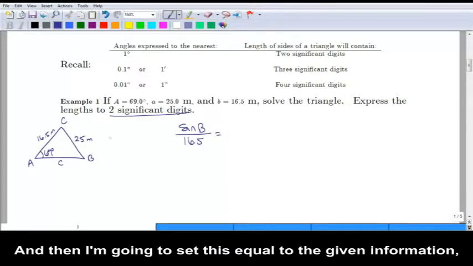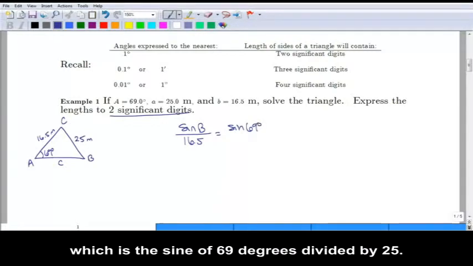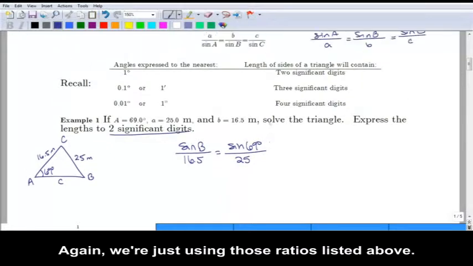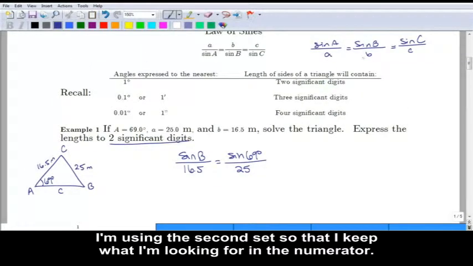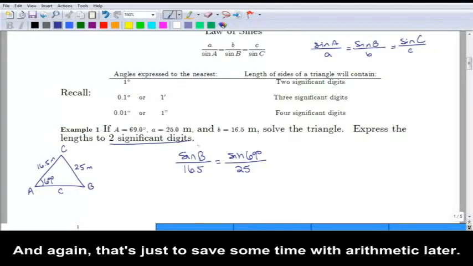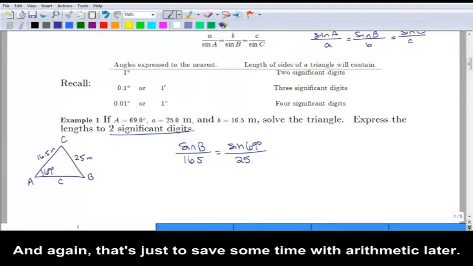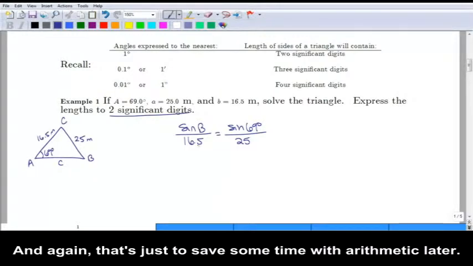And then I'm going to set this equal to the given information, which is the sine of 69 degrees divided by 25. Again, we're just using those ratios listed above. I'm using the second set so that I keep what I'm looking for in the numerator. And again, that's just to save some time with arithmetic later.